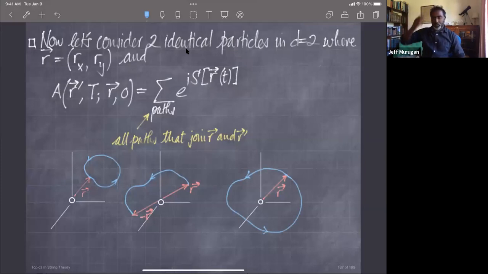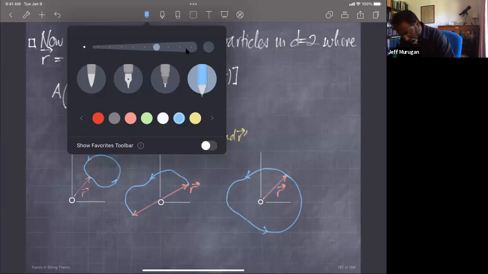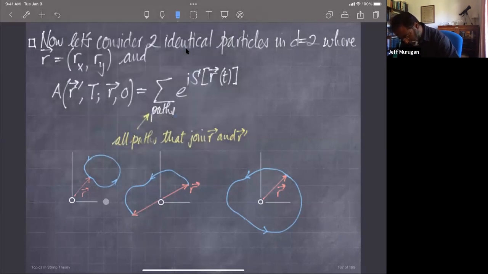So these three different paths correspond to, actually, sorry, my bad. We're in 2 dimensions. So our relative coordinate space is 2-dimensional. And it looks like this. So this would be X or Y.